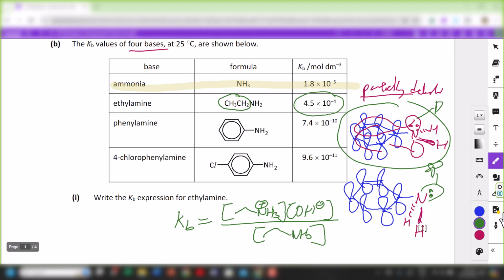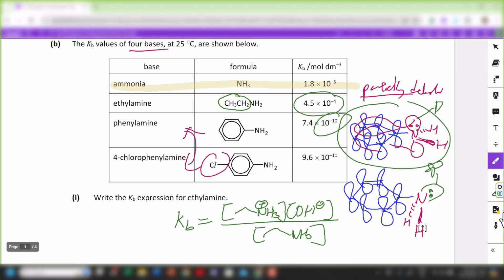In fact, it is like 100,000 times less basic. If you look at the value, it's in the magnitude of 10 to the power minus 10. Now maybe we'll compare between phenolamine and 4-chlorophenolamine. For 4-chlorophenolamine, there is an extra substituent group, chlorine. Chlorine, as we all know, is inductively withdrawing because chlorine is more electronegative than carbon.